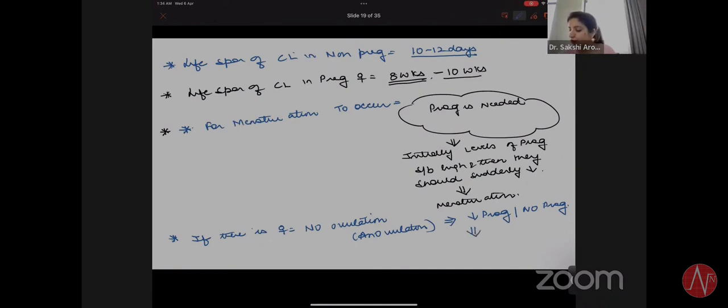So in such females there is amenorrhea. If progesterone is continuously high, then also there will be no period, and if progesterone is low from the start, then also there will be no period. For menstruation to happen, initially the levels should be high and then they should suddenly drop. I hope all of you are understanding this.